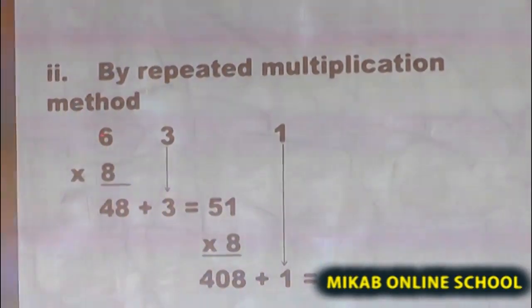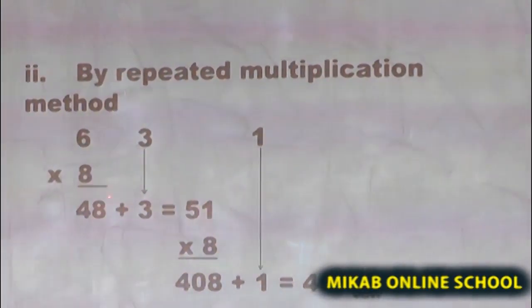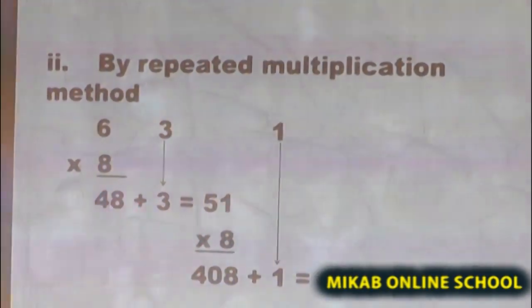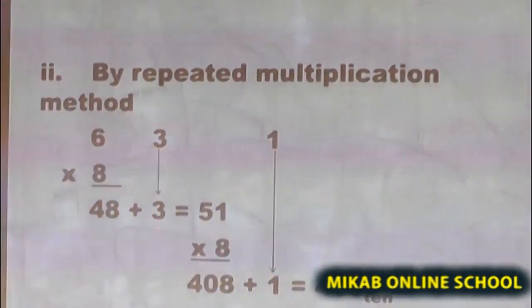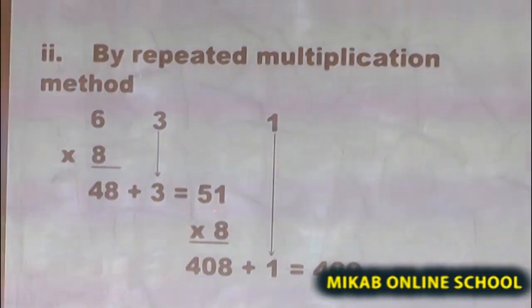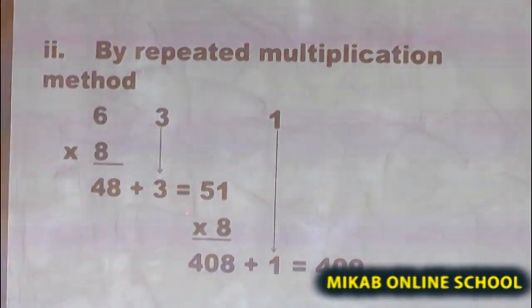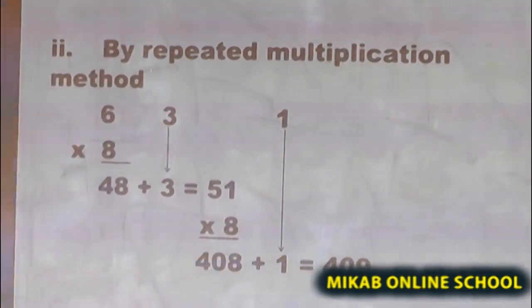This is my first digit. I multiply by the base I'm working with, 8. I have 48. Then I bring this down, plus the next digit, 3. I'll have 51. Multiplied by 8 again. That's why it is called repeated multiplication. You keep repeating, multiplying by the base you're working with.